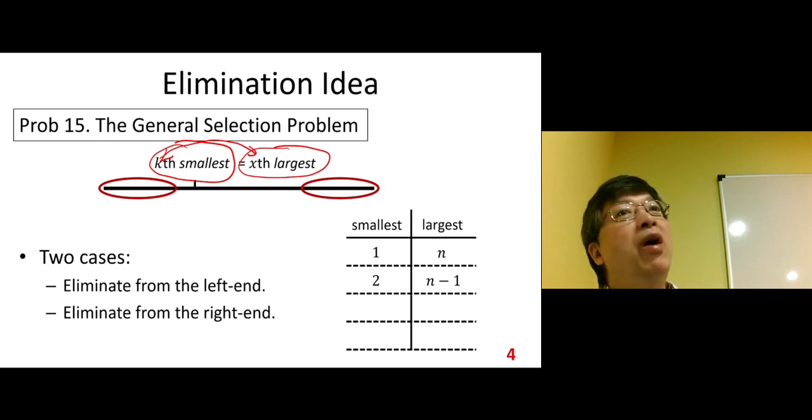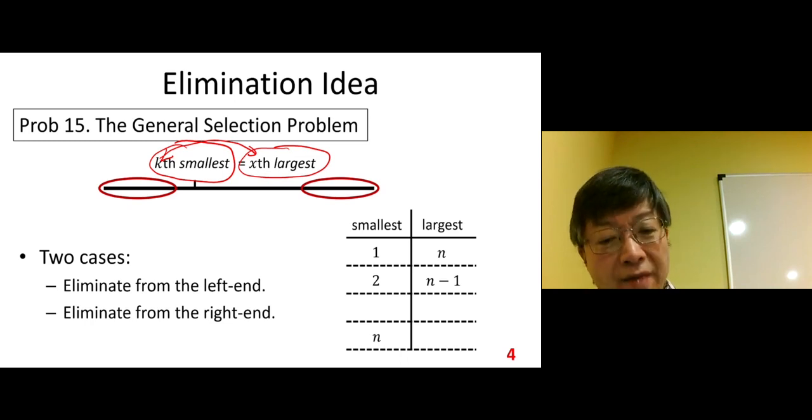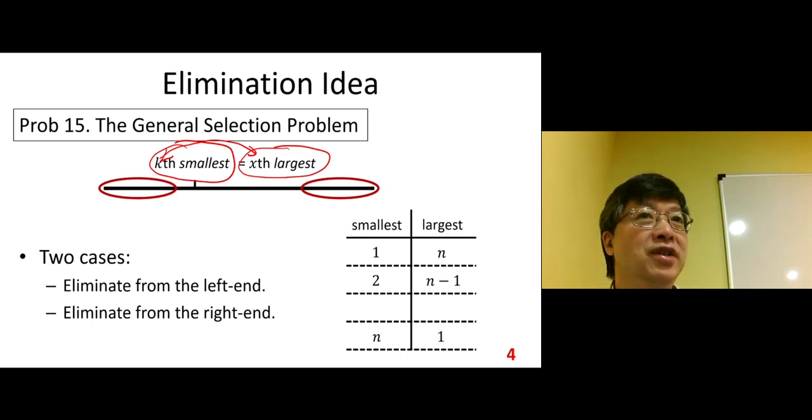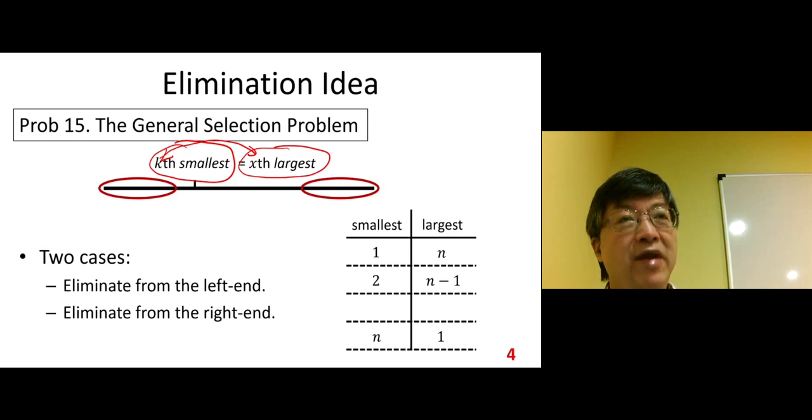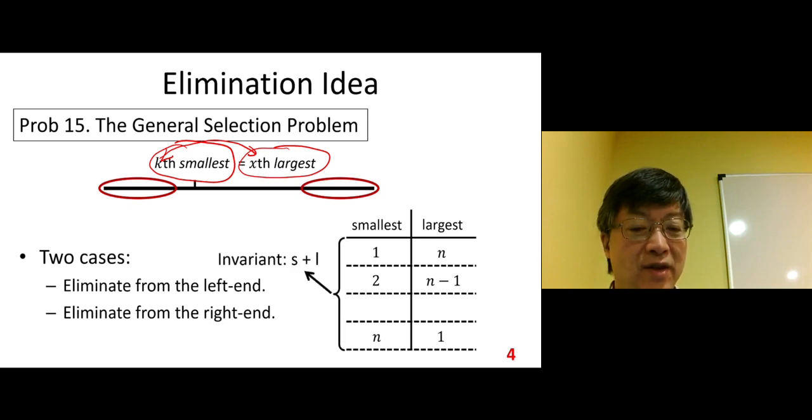Here we use our frequently used method, the invariant. What is the invariant? Let's look at another one: the nth smallest is the first largest. So we have that invariant at this point.